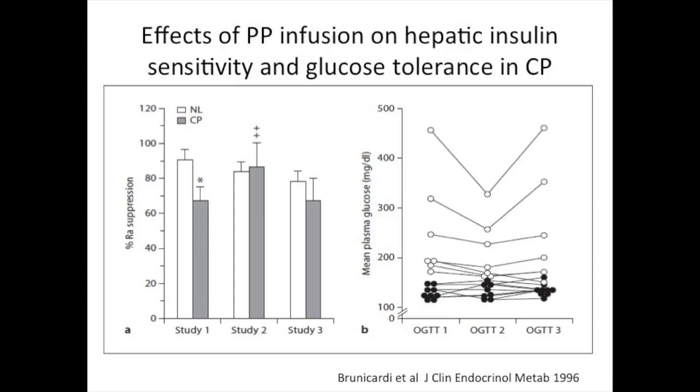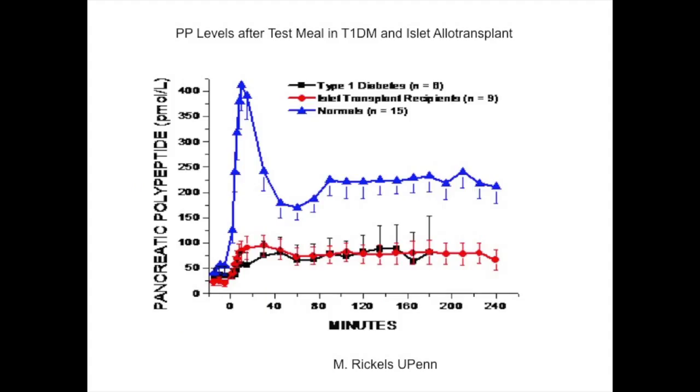So this indicated that PP is truly a glucoregulatory hormone. It probably achieves its glucoregulatory effects through this regulatory process of controlling the availability of hepatic insulin receptors. This is not the only circumstance in which we see PP deficiency.